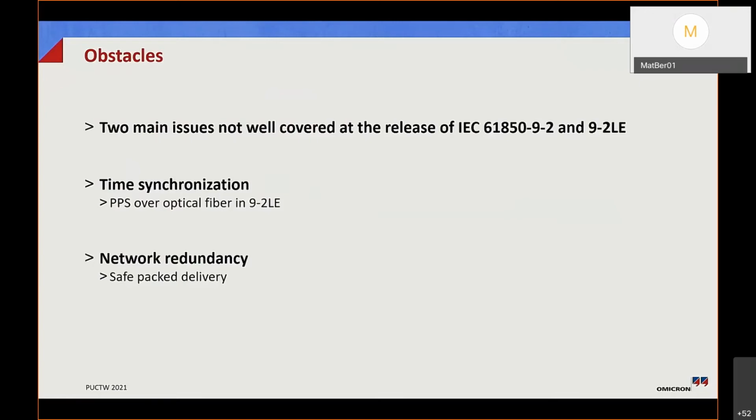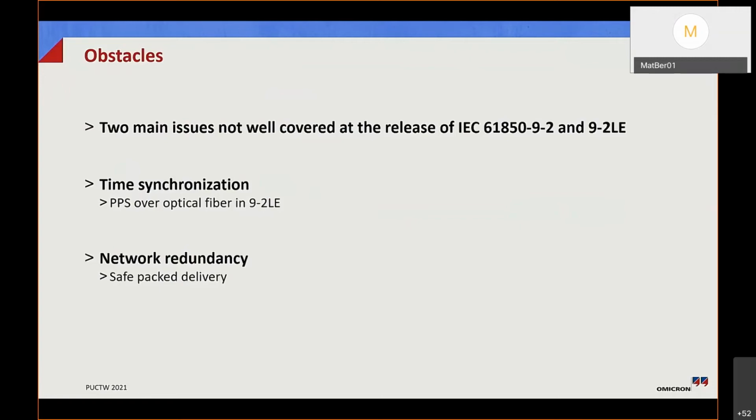And one of these problems was the time synchronization. As mentioned, this pulse per second over optical fiber was not an optimal way of doing it. It lacked many possibilities, and also there were not many devices around just delivering this kind of signals. And another aspect was network redundancy.